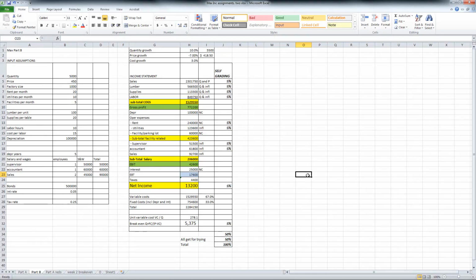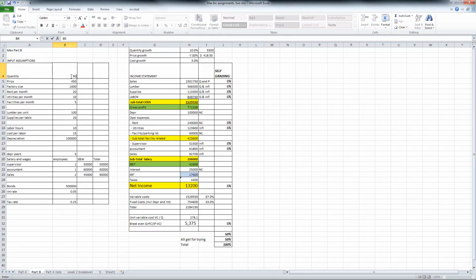Okay, and so this is where one can start to say, how would one use analysis like this? For example, one can say, what if I can sell, instead of 5,500, suppose we sell 7,000. I'm sorry, backward over here.